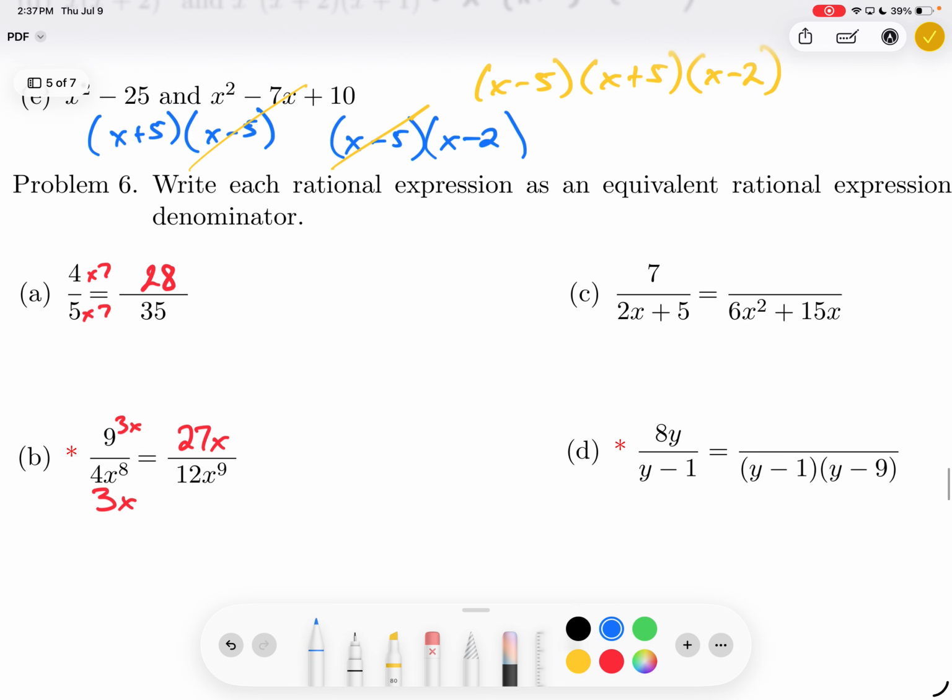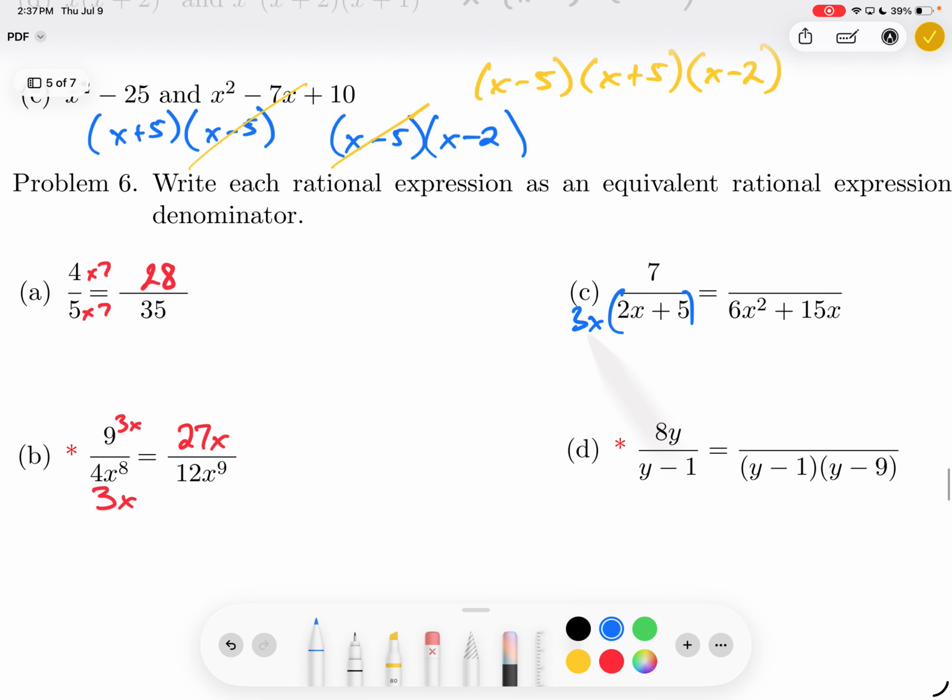On C, how do I go from 2x plus 5 to this? 3x, somebody says. I think I agree. 3x times 2x would be 6x squared. 3x times 5 would be 15x. So if I multiply the bottom by 3x, I need to multiply the top by 3x.